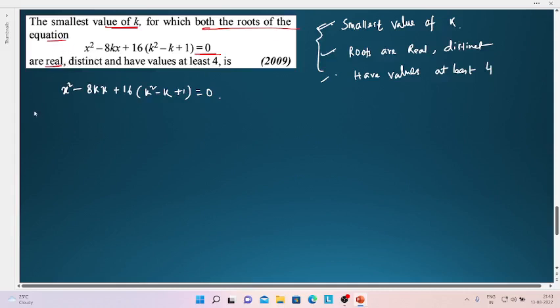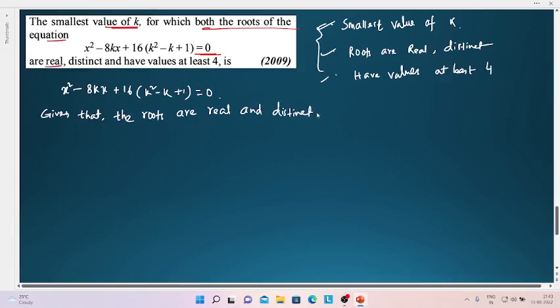So given that the roots are real and distinct, right?